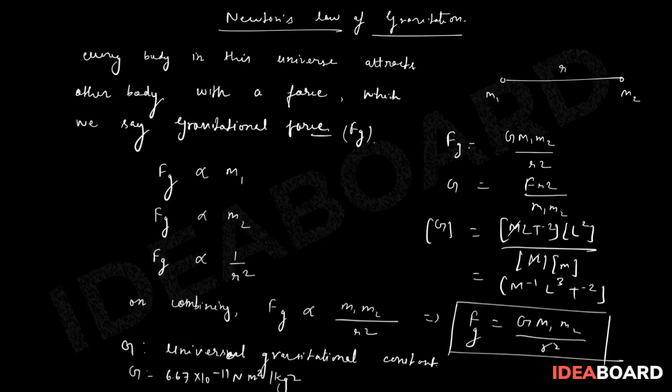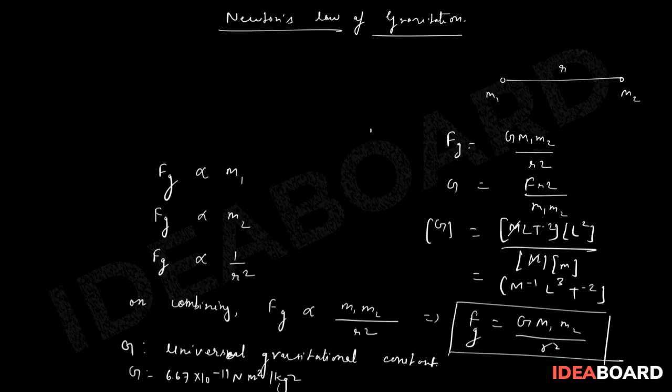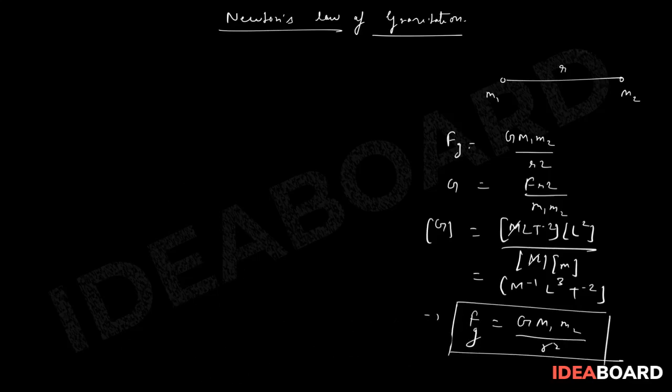Now, because this is a force, it has a certain direction. As I told you earlier, as this is an attraction force, if we see the particle of mass m1, obviously the direction will be towards the other particle or body.